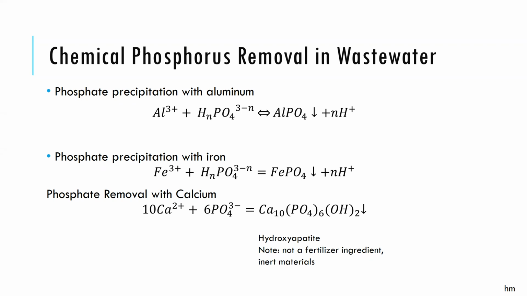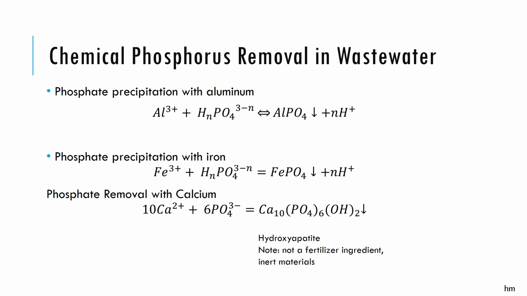But there are two downsides. Number one, the precipitated metal phosphate salt manifests itself as a chemical sludge, and you have to deal with that.